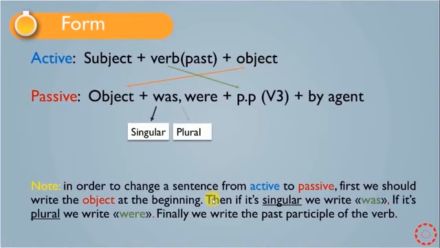In order to change a sentence from active to passive, first we should write the object at the beginning. Then if it's singular, we write was. If it's plural, we write were. Finally, we write the past participle of the verb, as we mentioned in the form of past simple passive here.